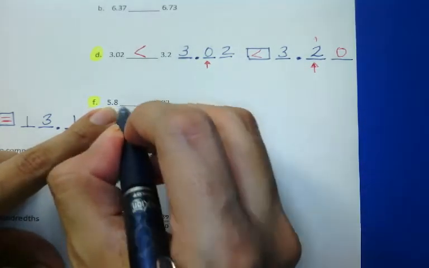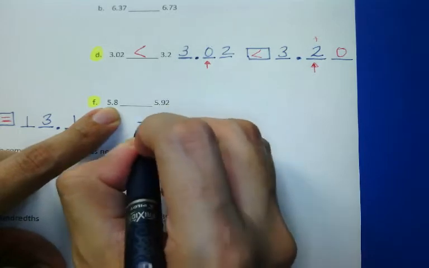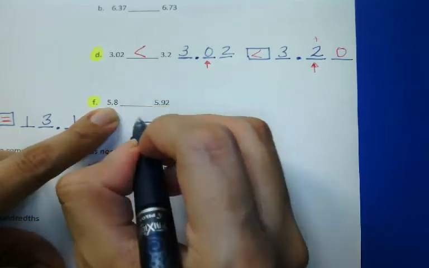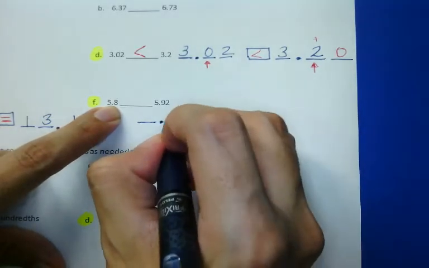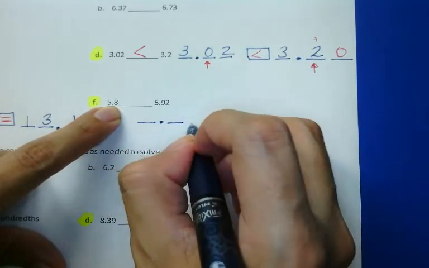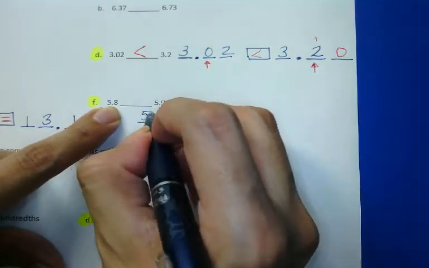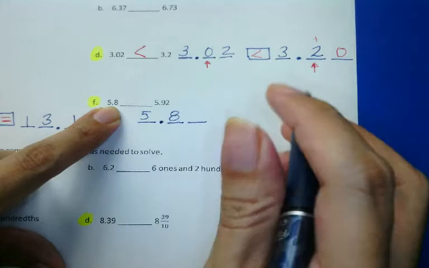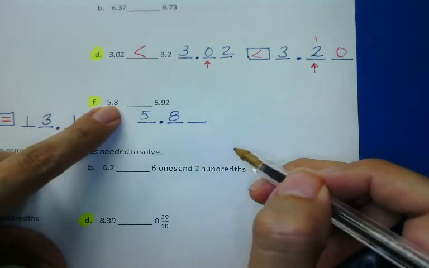So let's go ahead and plot 5.8. So let's do the ones place because I only have one digit in the ones, decimal, and then I have the tenths and the hundredths. But I'm only going to put 5.8. And how many hundredths are they giving us right here in this first decimal? 0.